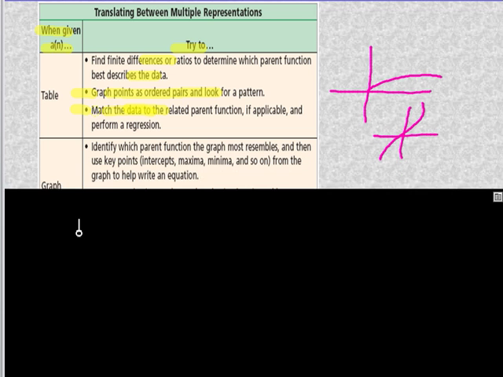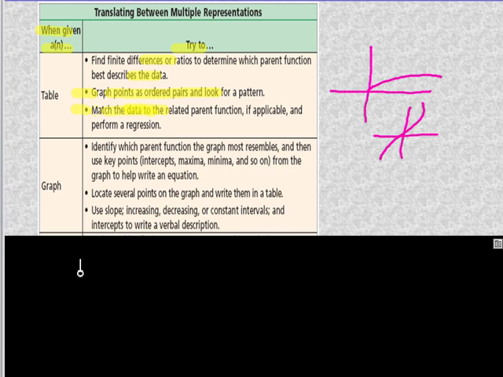All right, so what if we have a graph? Well, if we have a graph, we might want to match it to a parent function. We can use several points on the graph and put them in a table. And we could use slope, increasing, or constant intervals to write a verbal description.